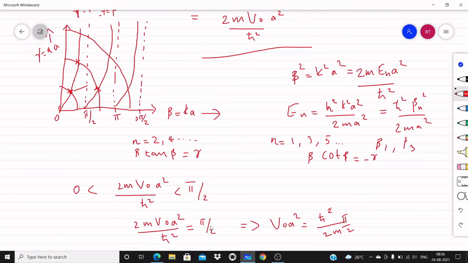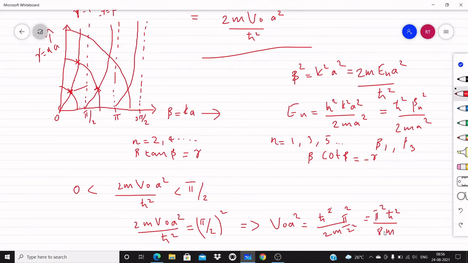Radius means the square root of this, so it should be squared. Pi square by 2 square. So V0 a square is pi square h cut square by 8m.